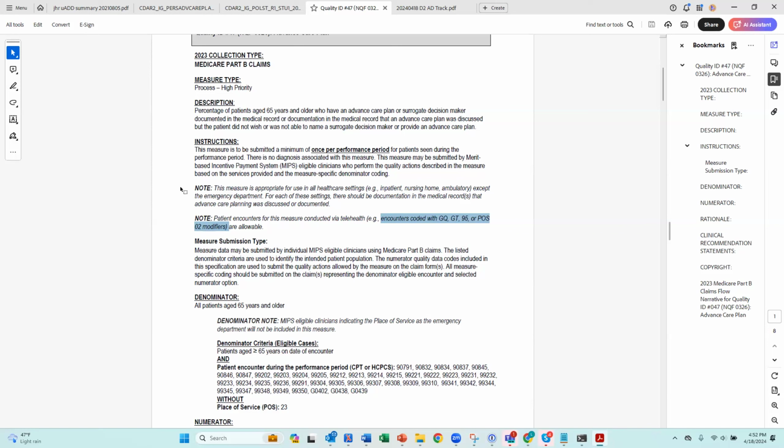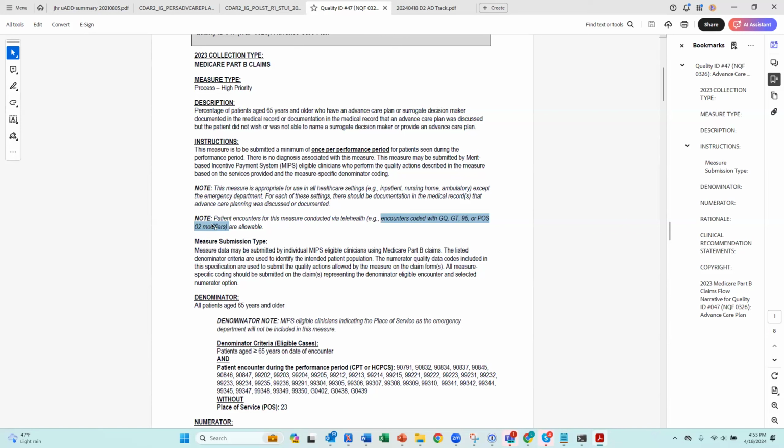Then they had some notes. This measure is to be submitted a minimum of once per performance period for patients seen during the performance period. There is no diagnosis associated with this measure. The measure may be submitted by merit-based incentive payment system eligible clinicians who perform the quality actions described in the measure based on the services provided and the measure-specific denominator coding.